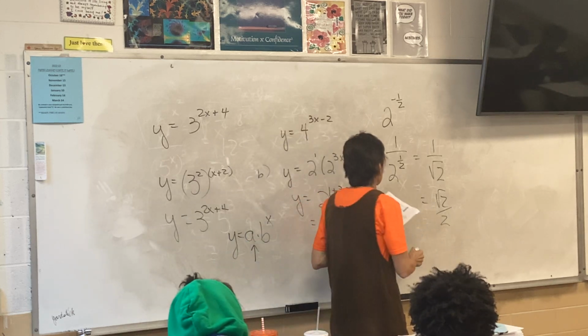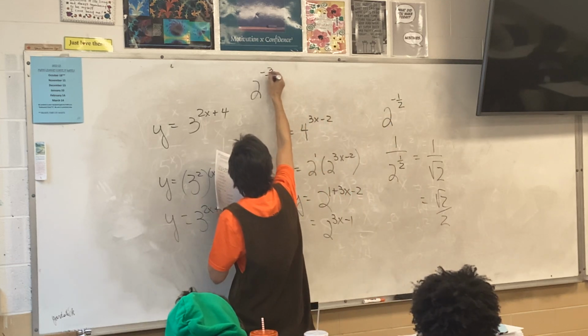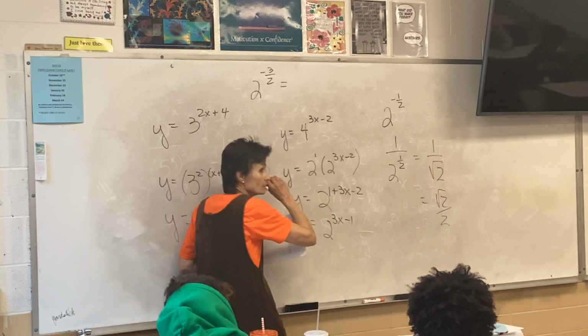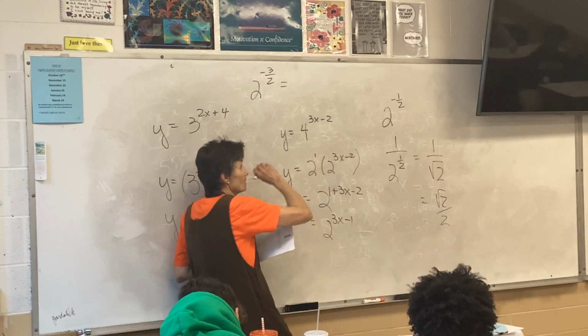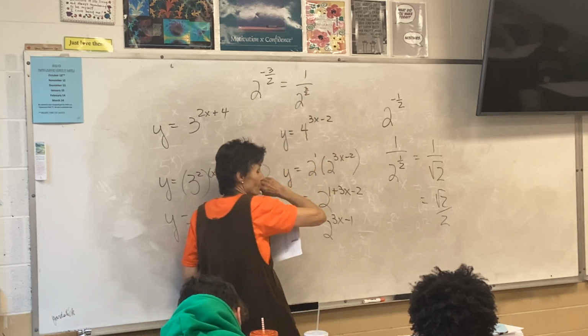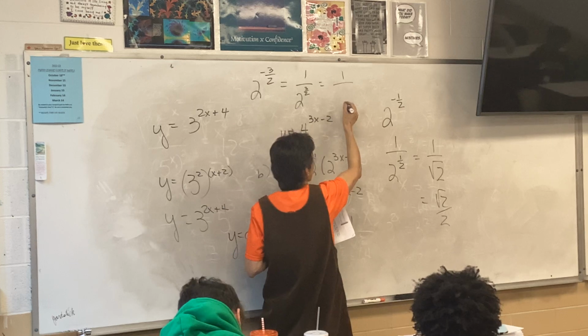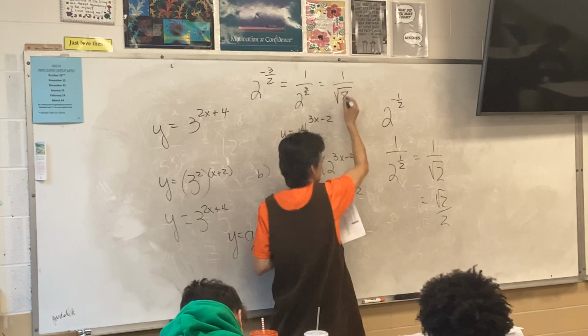Alright. 2 to the negative 3/2. So 1 over 2 to the 3/2, which is 1 over the square root of 8, 2 cubed.